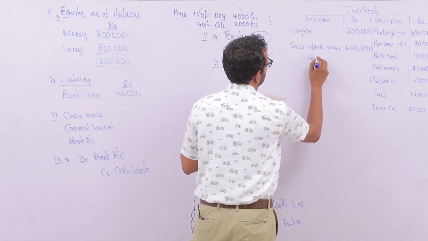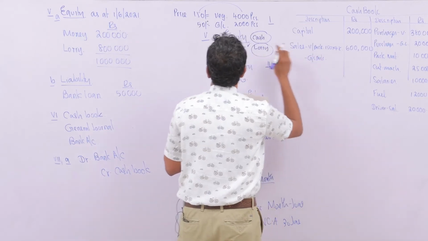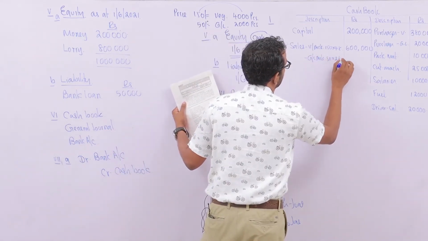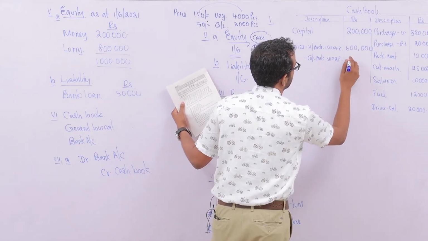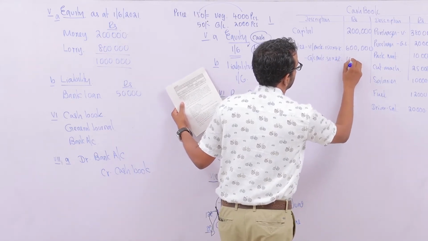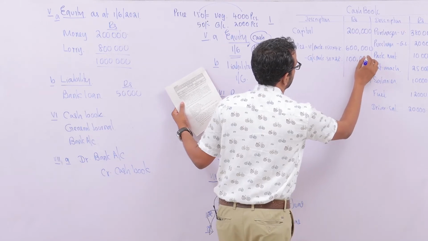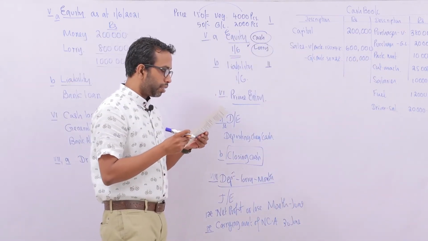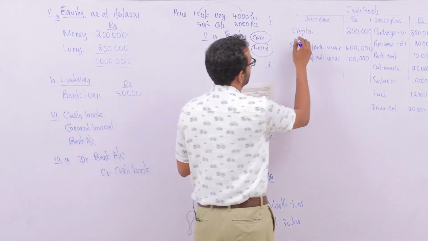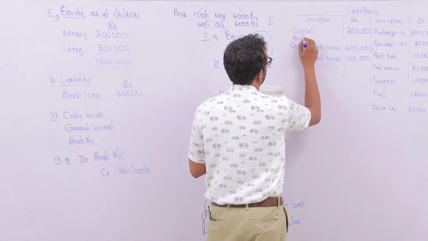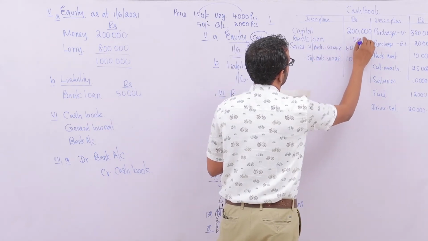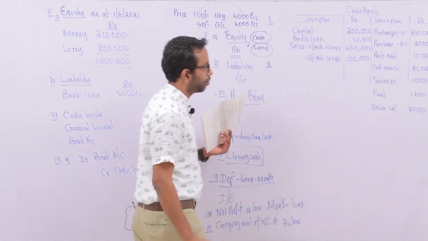Green leaf packs, 50 into 2000, that is 100. Clear? And you need to take into account the bank loan, we missed that part, 50,000. Clear?